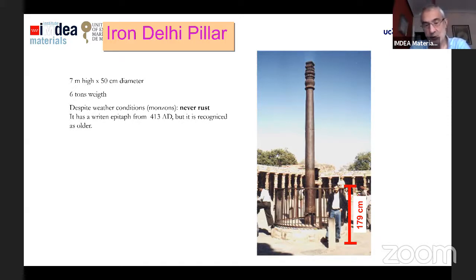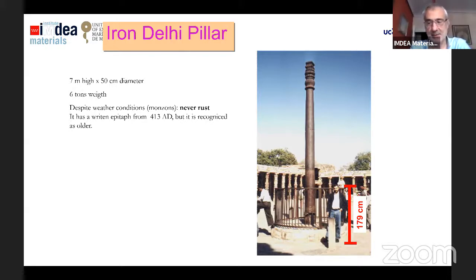Also, you can find this pillar as an example of corrosion, because it has survived for many centuries, and it was made of plain iron in principle. Plain iron in severe conditions like in this part of India, with a very unfavorable weather for iron to survive, and despite this the pillar has been surviving for many, many centuries.